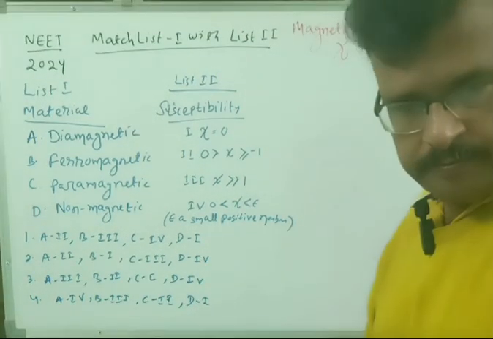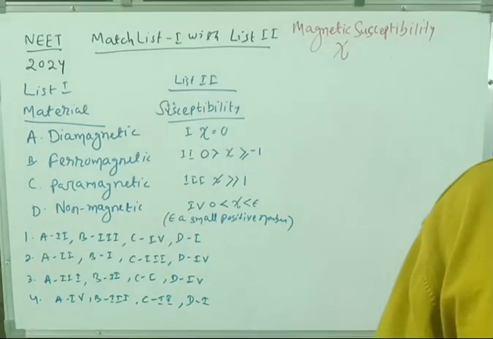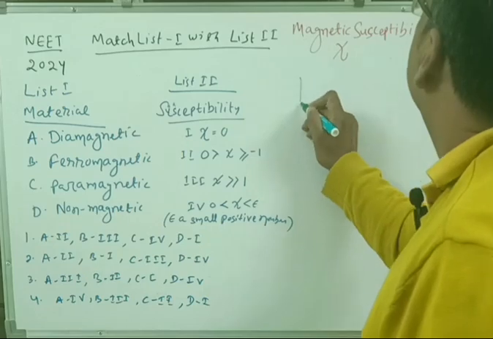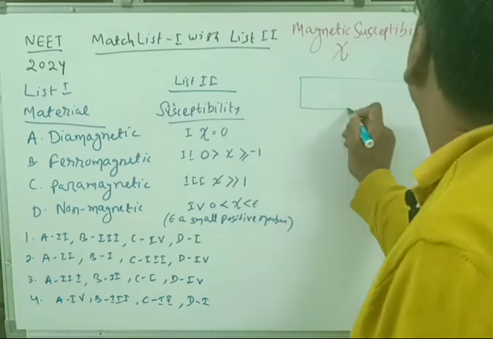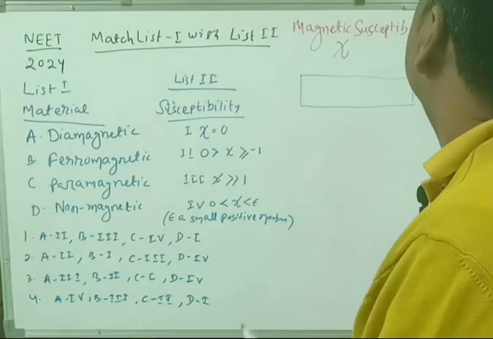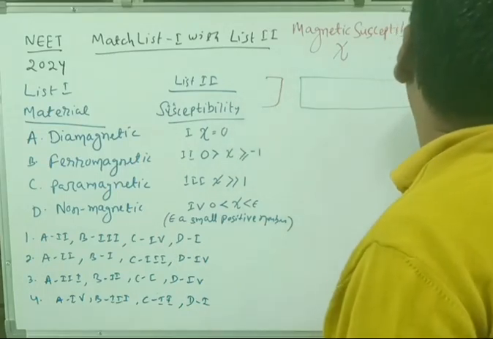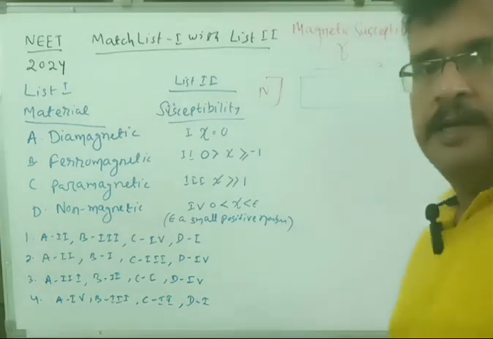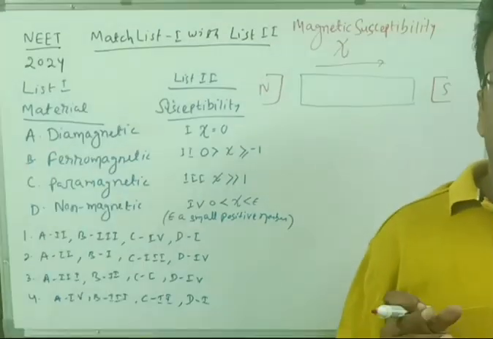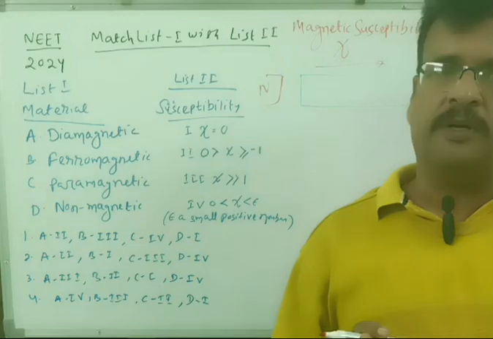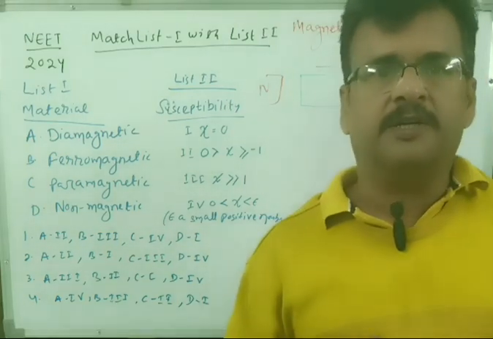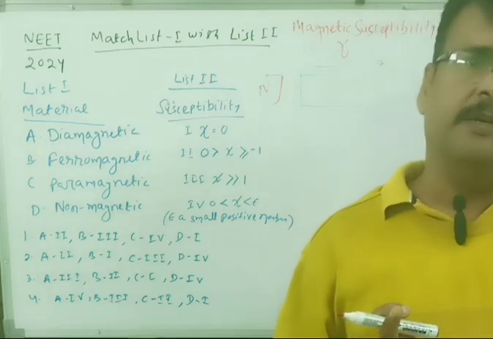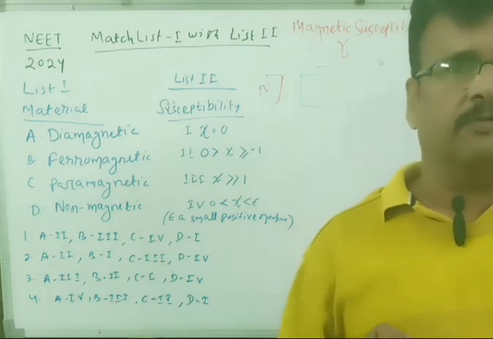Suppose this is a material we have taken here, and suppose this is the applied magnetic field, with this as its direction. We know every material consists of atoms, and atoms consist of a positively charged nucleus and negatively charged electrons that revolve around the nucleus.